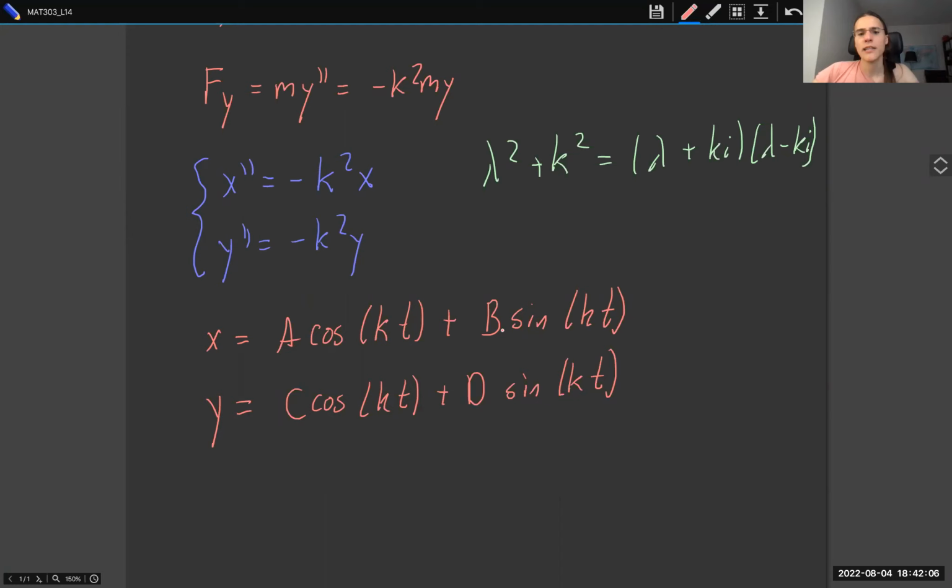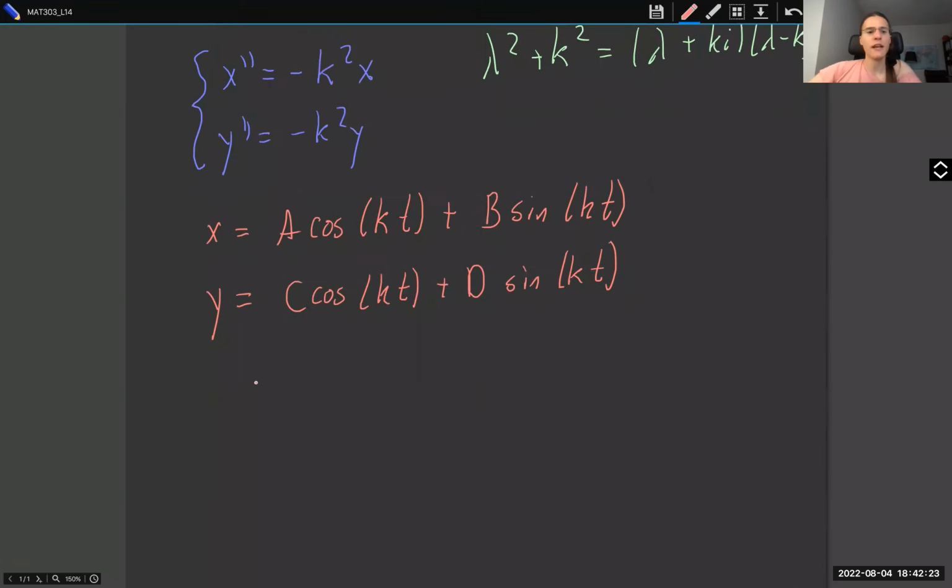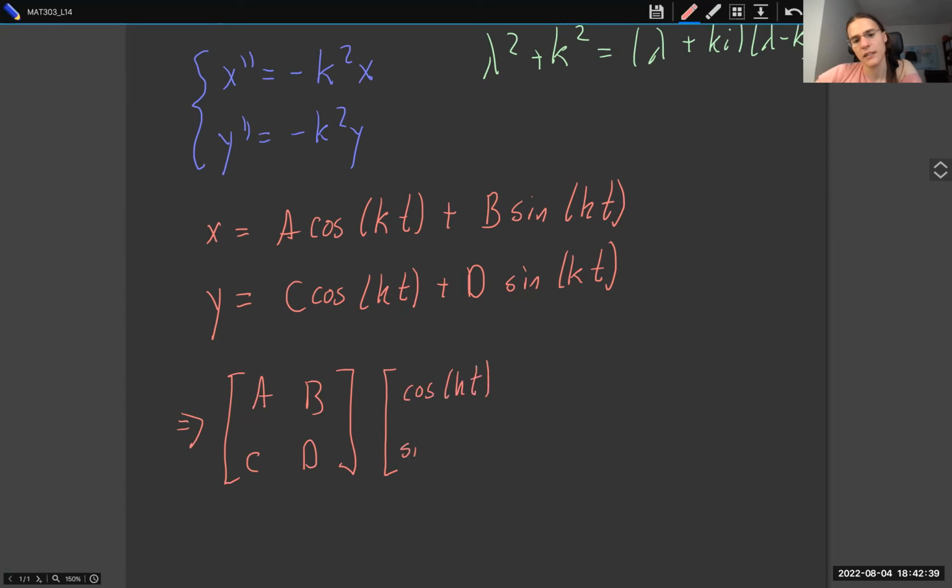Now, perhaps we'd like to solve for the movement for x in terms of y, because we'd actually like to know what equation this traces out, right? And so how we're going to do this is we're going to solve for cosine and sine. So we can think of this system as saying that the matrix A, B, C, D times cos kt, sin kt is equal to xy.